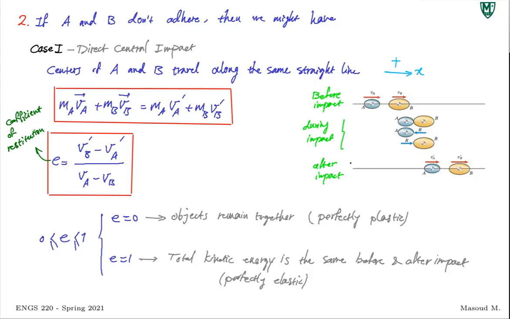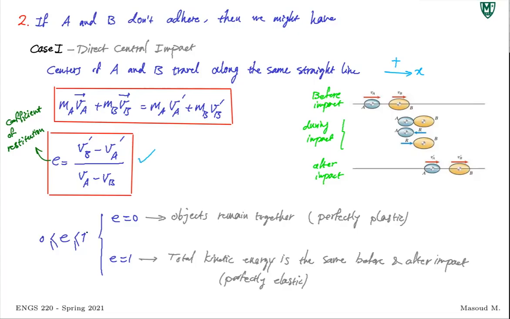Let's take this as positive: moving to the right is positive. So VA and VB are positive before the impact. Impact happens, VA prime and VB prime are both still positive, both objects going to the right. If that's the case, this equation is valid.